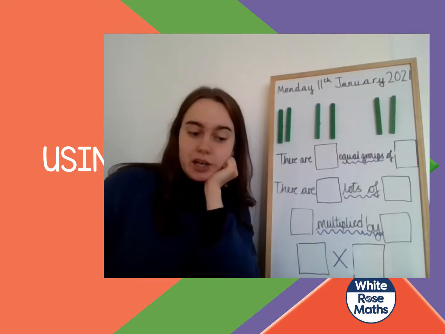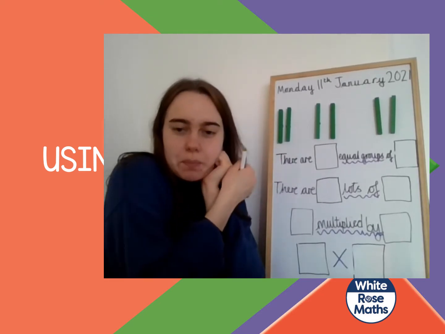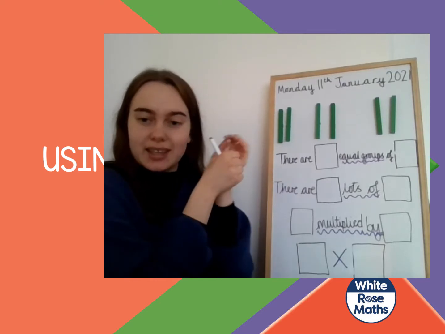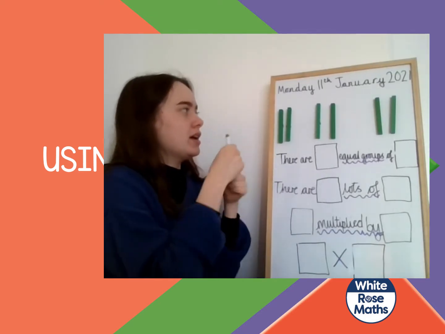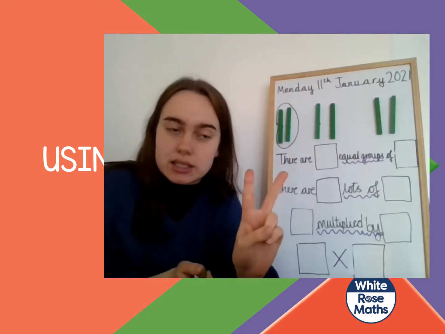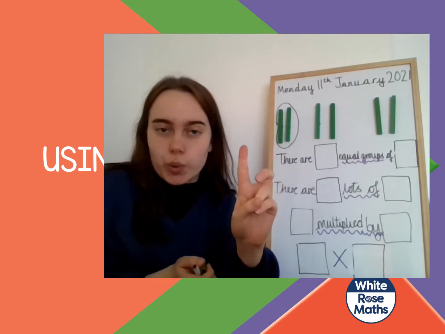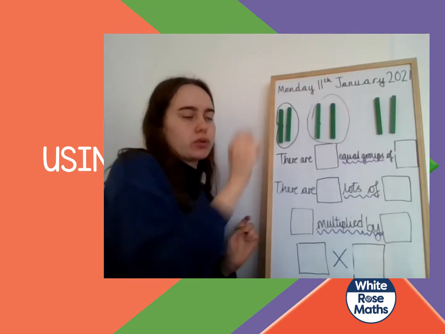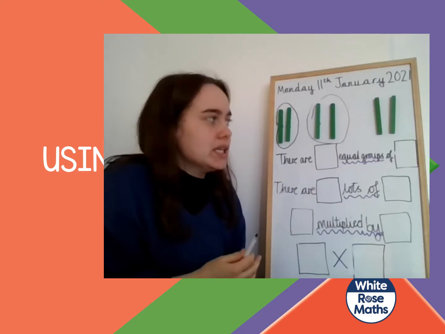Okay, so this time, instead of Numicon, I'm using base 10. So remember, each of these sticks is worth 10. So in my first group, how many do I have? If I've got 2 10s, that is 10, 20. In my second group, remember these are equal groups, I have also got 20.